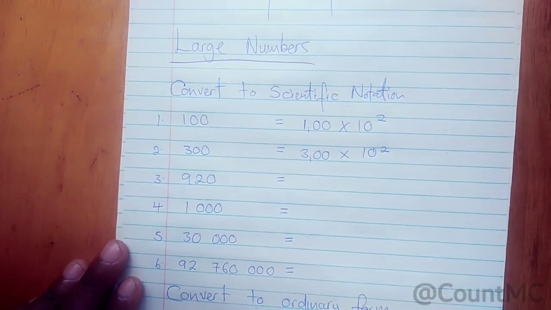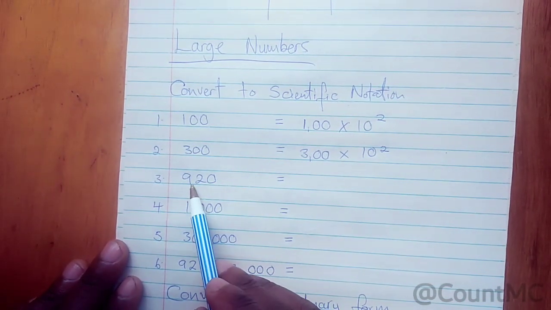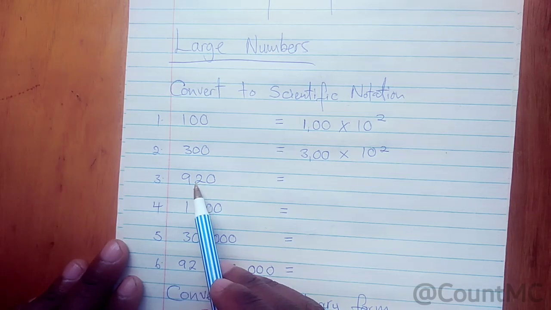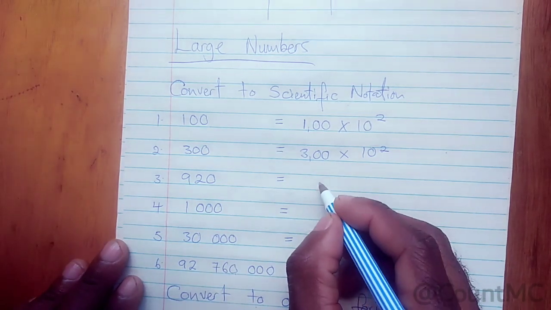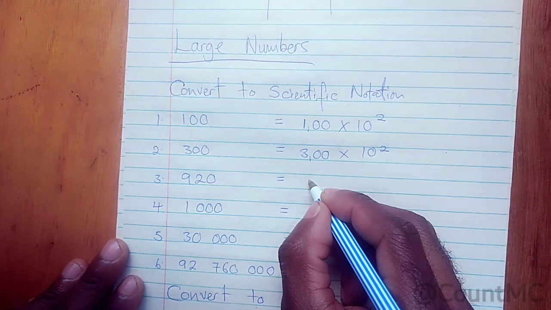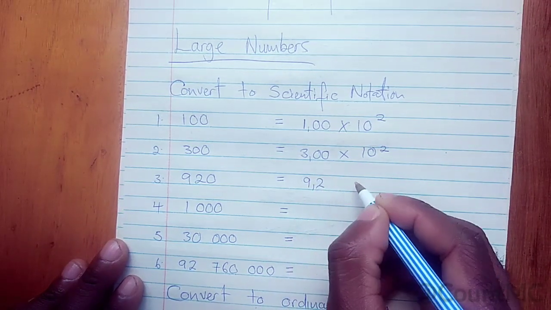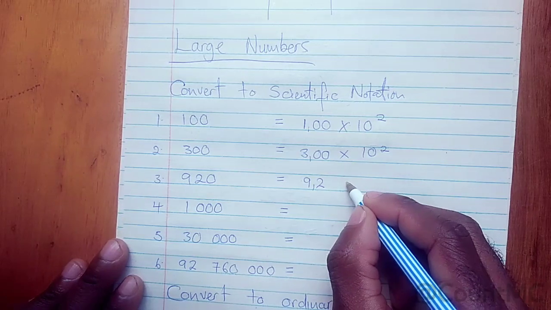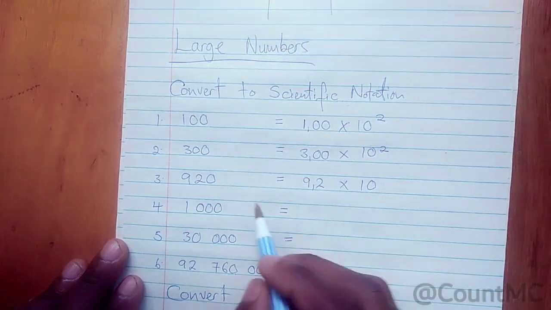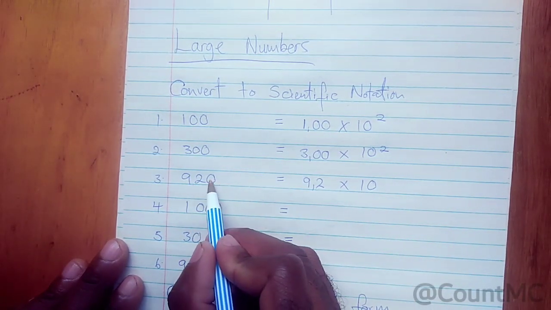Let's do the next one. The comma moved from here to here to make this part of the scientific notation, remember, between 1 and 10. So we would say 9.2 is now between 1 and 10, times 10 to the power. The comma moved from here to here, it moved 1, 2 positions.